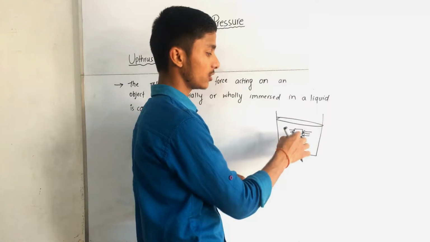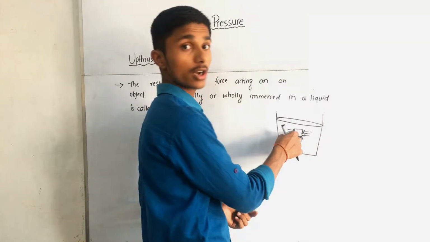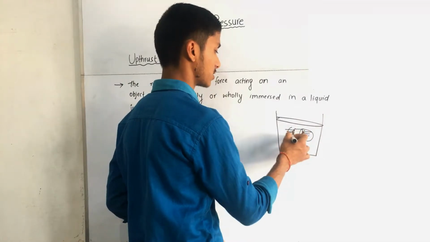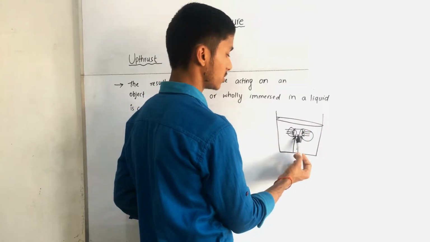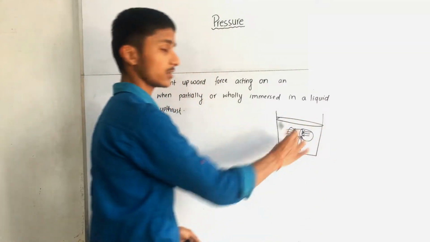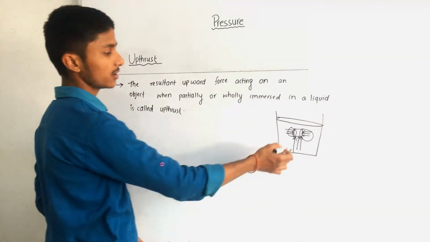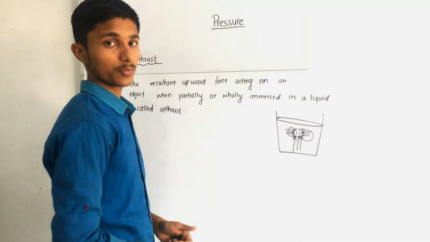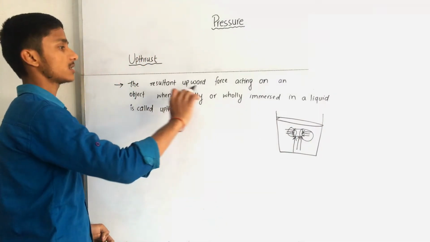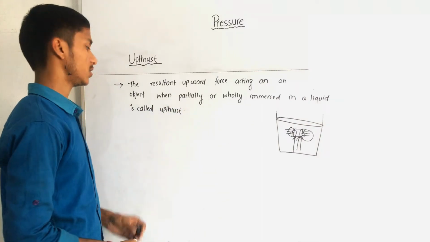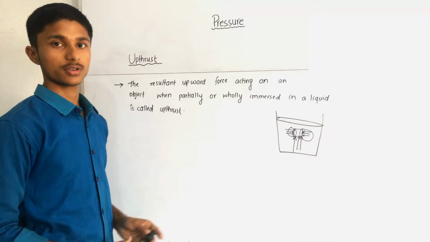The force acting on this object from the bottom is greater than all these other forces. So the object moves upward, rises up, either partially or wholly immersed. This object experiences an upthrust. So this is the resultant upward force acting on an object when partially or wholly immersed in a liquid. It is called upthrust.